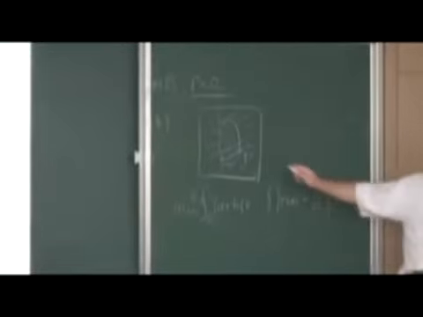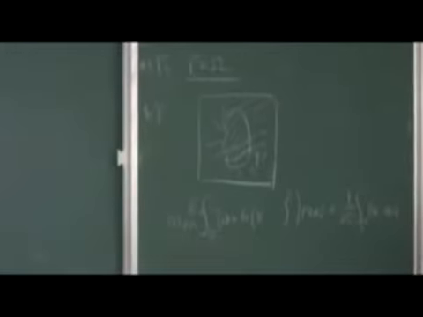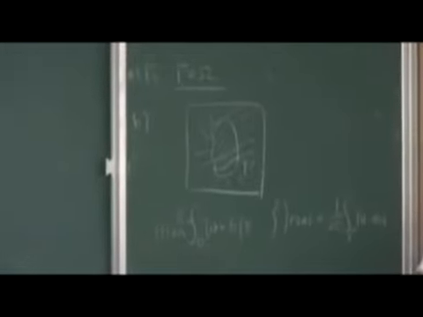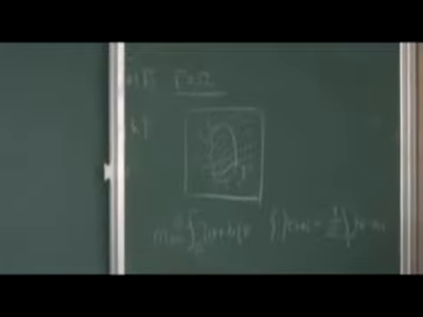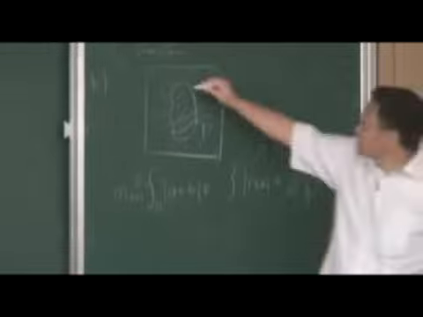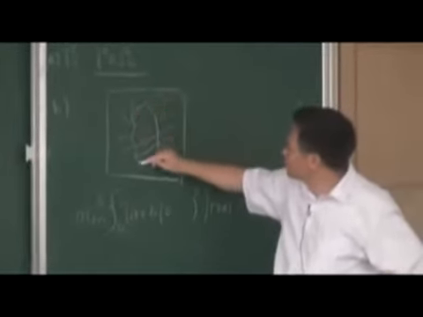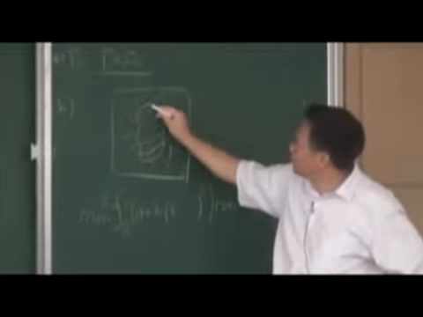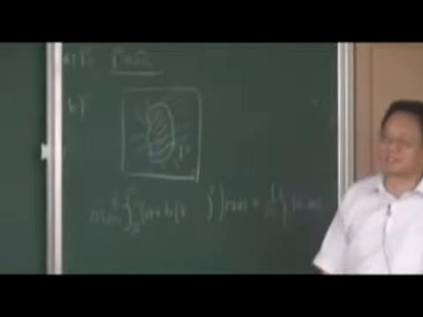Mostly you see elastica in this region. Is this clear? Especially you see that when epsilon goes to 0, essentially you don't solve anything in the gamma region. You just use these boundary conditions here. You solve the elasticas in this region, which minimizes the elasticas.